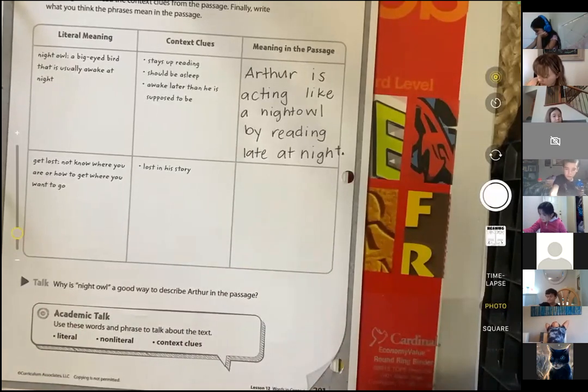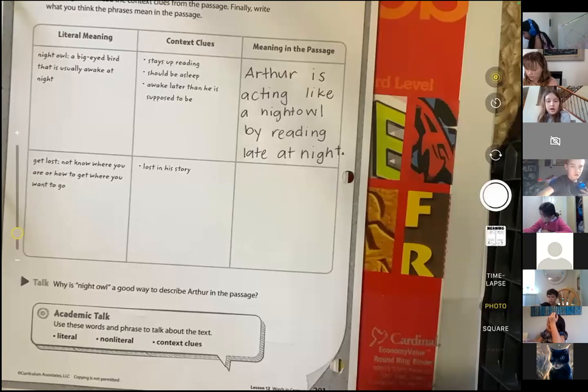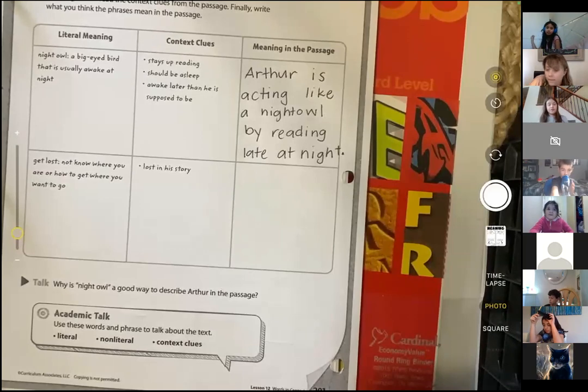We're going to move to that in just a second. Okay, let's look at the next one.